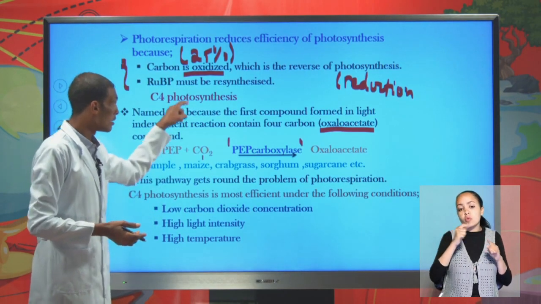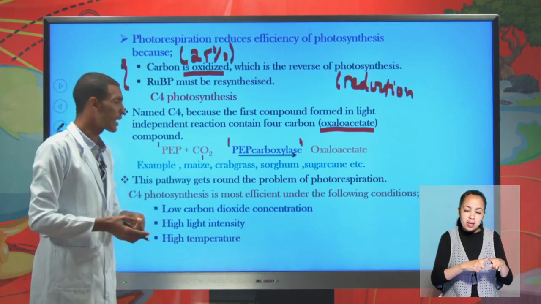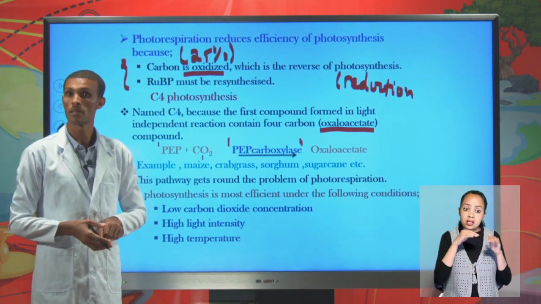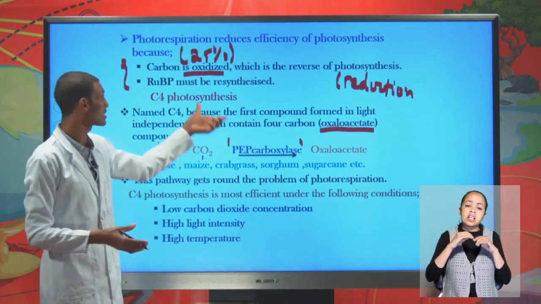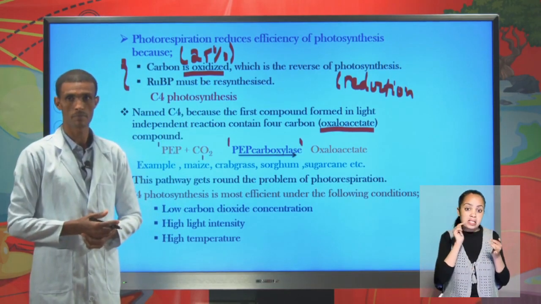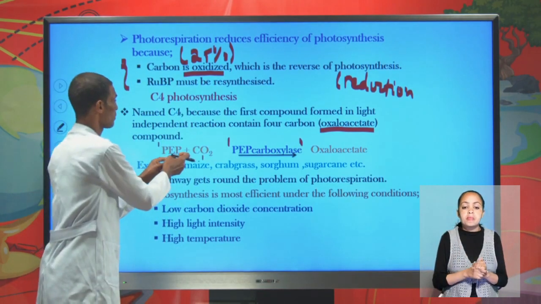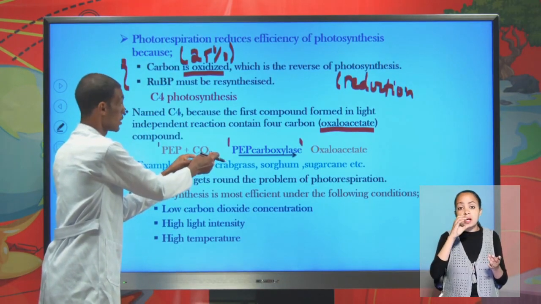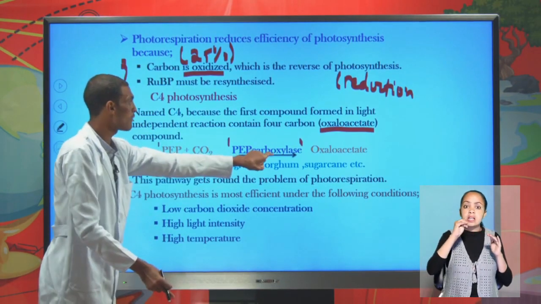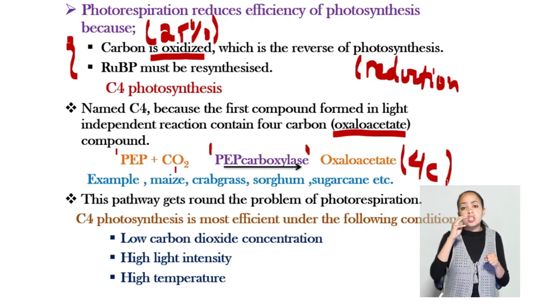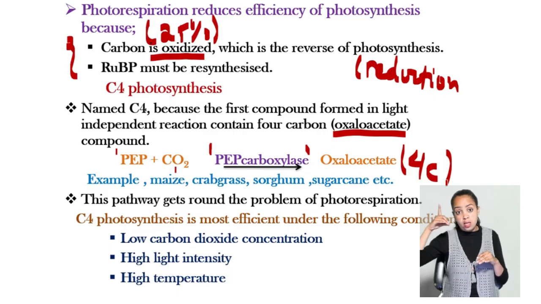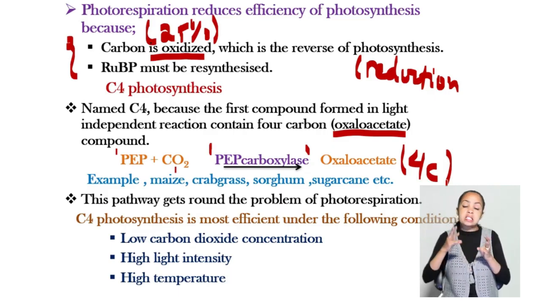But here, carbon fixation and the Calvin cycle take place in separate cells. By that, spatial separation of cells is experienced here. There is phosphoenolpyruvate, there is carbon dioxide, which is fixed in the mesophyll cell by the enzyme phosphoenolpyruvate carboxylase, forming a 4-carbon molecule. One adaptation of C4 plants is that even if the temperature becomes high, they can carry out the system of photosynthesis.